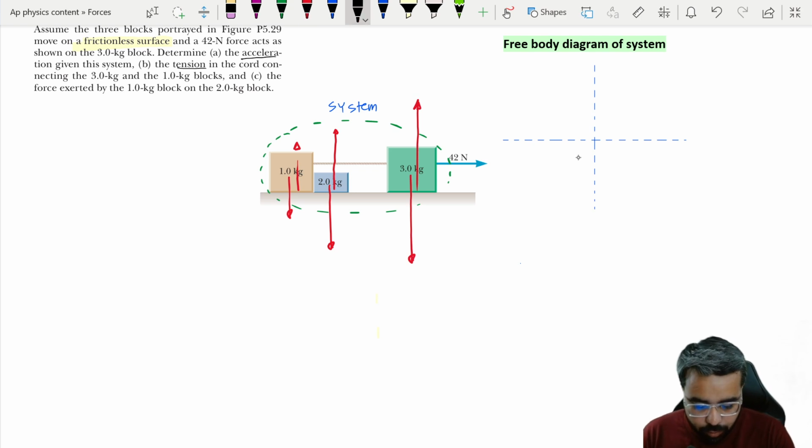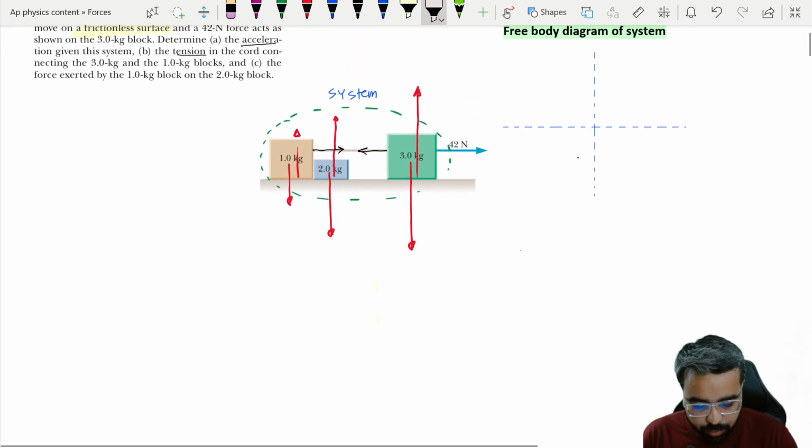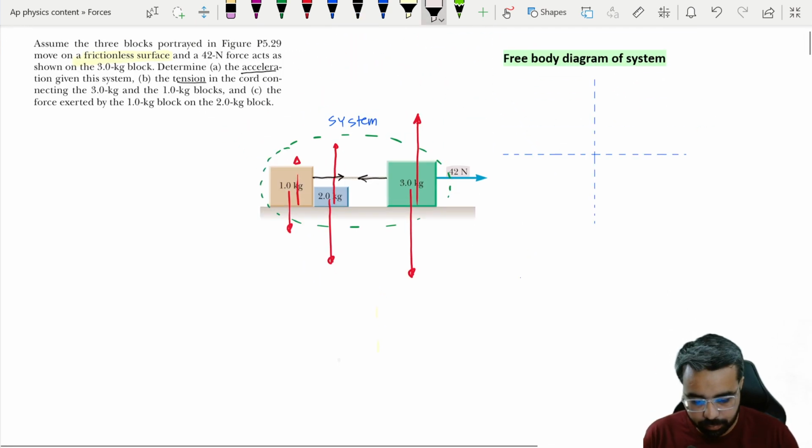Even the tension at both ends of the cord balances each other. So ultimately, the only force that is not balanced is this 42 Newton force, the unbalanced force.